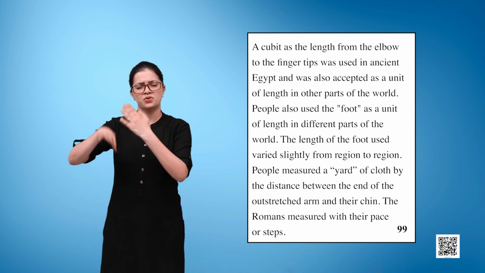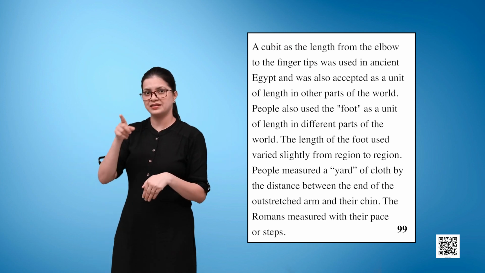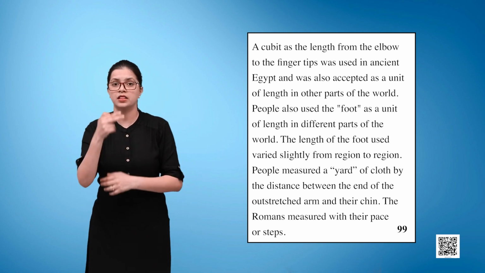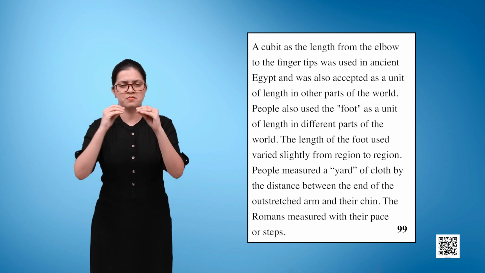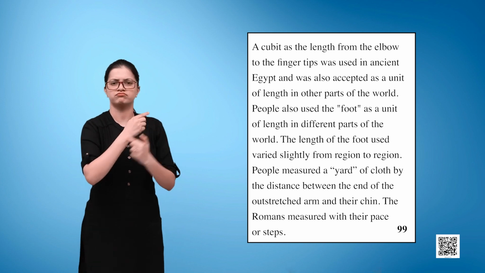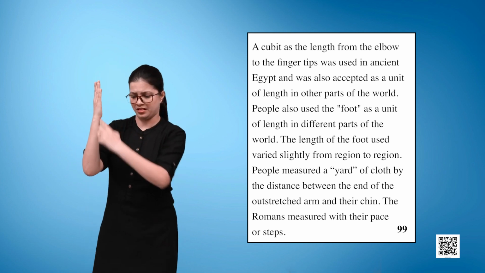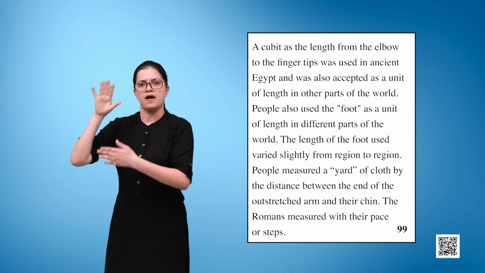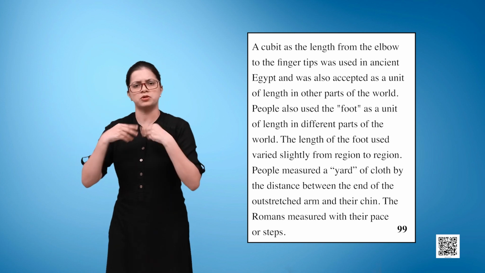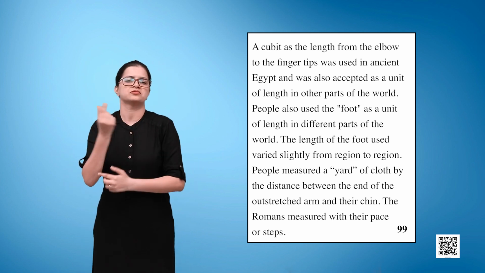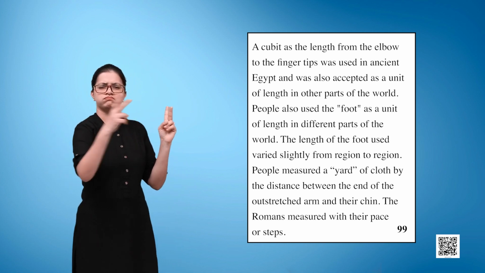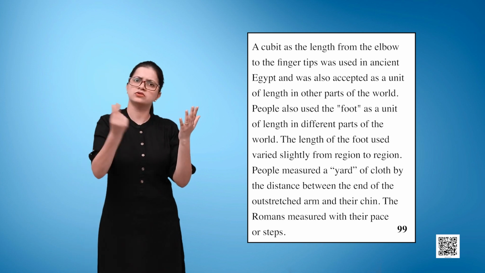A cubit, the length from the elbow to the fingertips, was used in ancient Egypt, and was also accepted as a unit of length in other parts of the world.